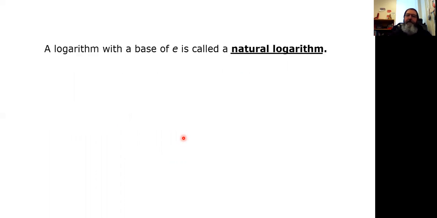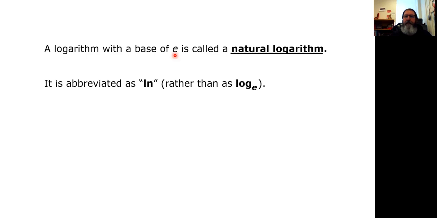And then there's another type of log called a natural logarithm. Where common logs have a base of 10, natural logs have a base of e, that number, Euler's number, that we learned about in the previous lesson in 7.2.